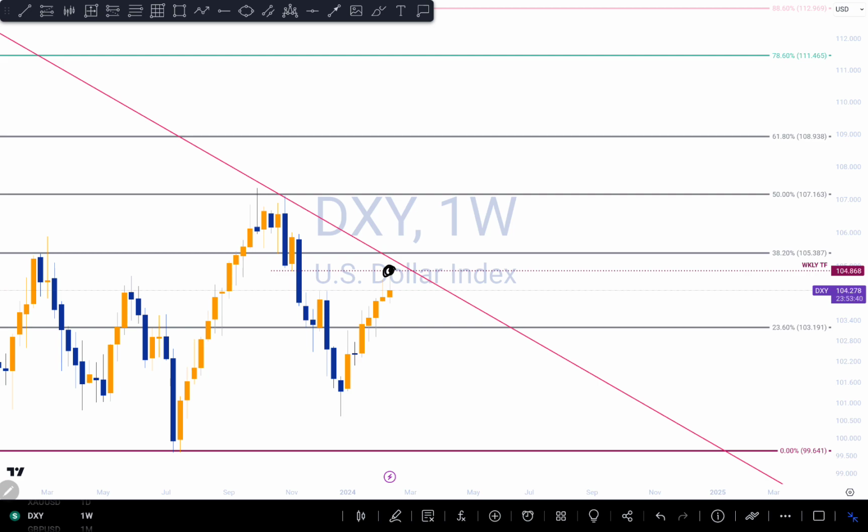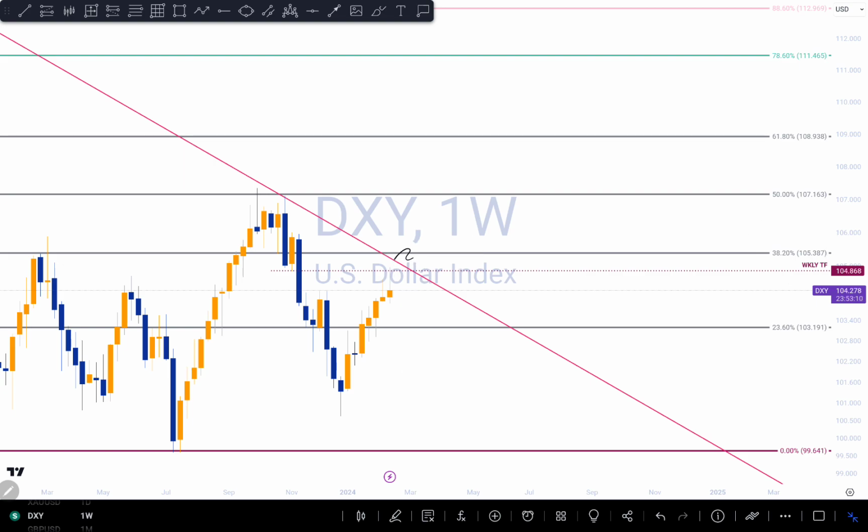So there's a possibility that we might start tanking down around that area since we've touched and filled the imbalance right here. So there's a possibility that that might give us a reversal to the downside on the XY, or we might just push up a little bit more, just like I mentioned, to touch my 38.2% fib level right here before tanking to the downside.